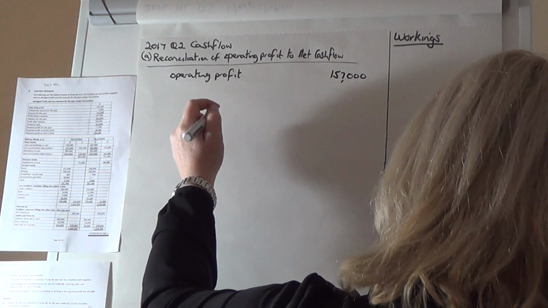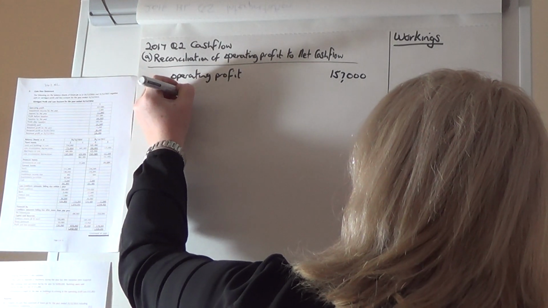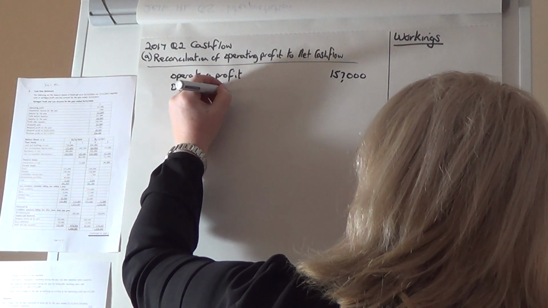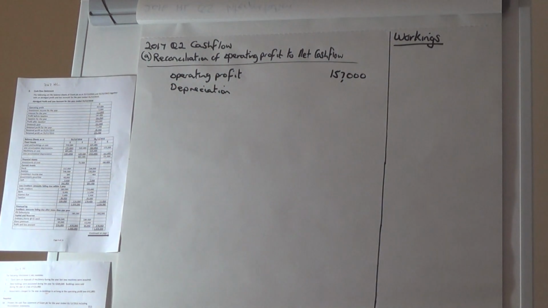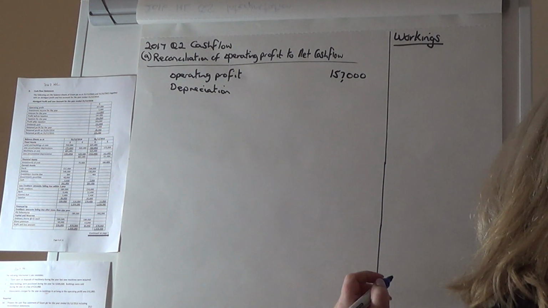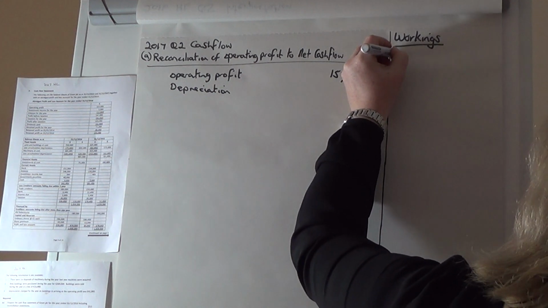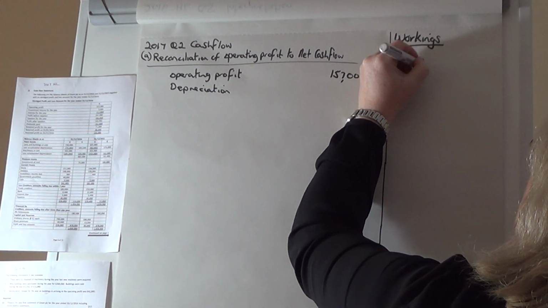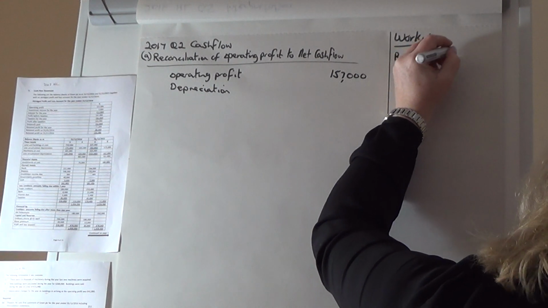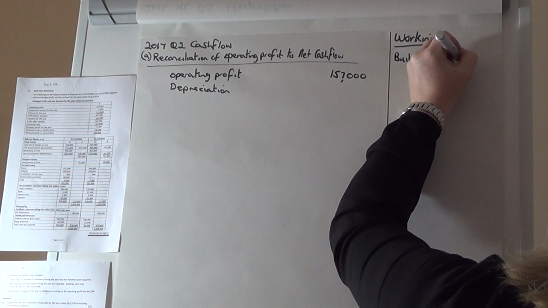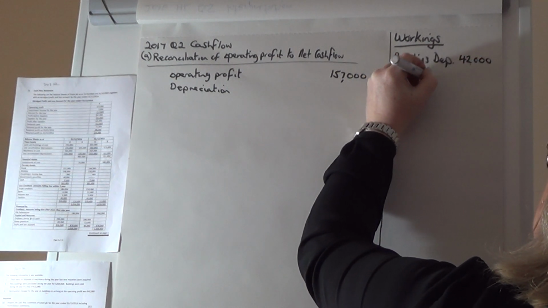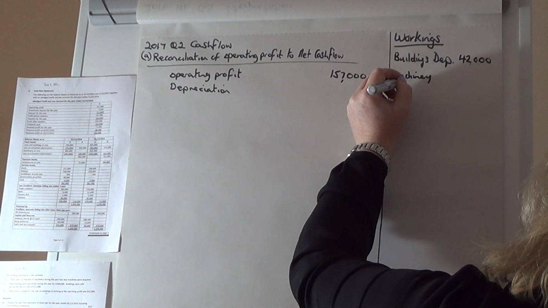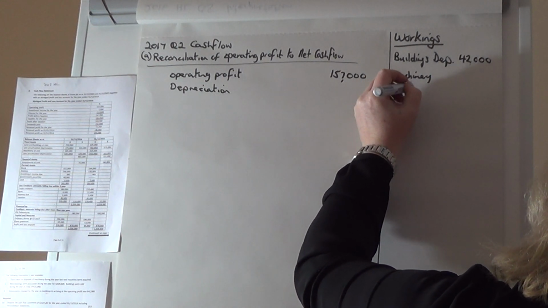So we have to adjust there the depreciation, and the depreciation has to be calculated. Just to run through that, the buildings depreciation was given at 42,000. Machinery you'll have to calculate, so it's just the difference between the two depreciations.